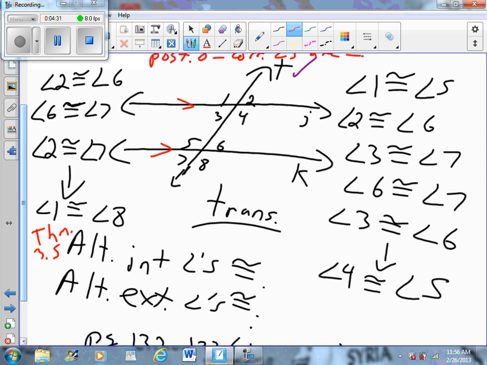Now, what property of congruence or equality allows me to go from saying 3 is congruent to 7, and 7 is congruent to 6, to stating that 3 is congruent to 6? We've got the situation established where we can say angles 3 and 6 are congruent.